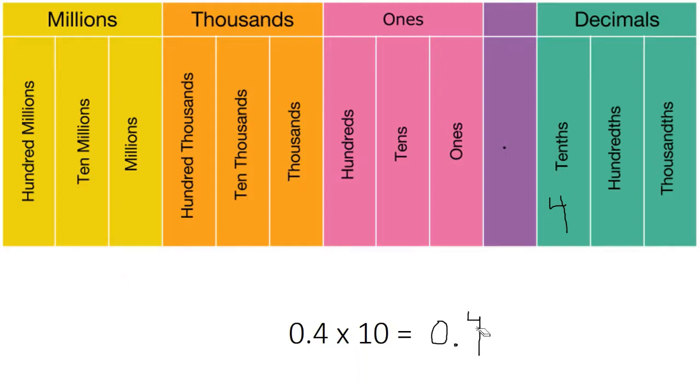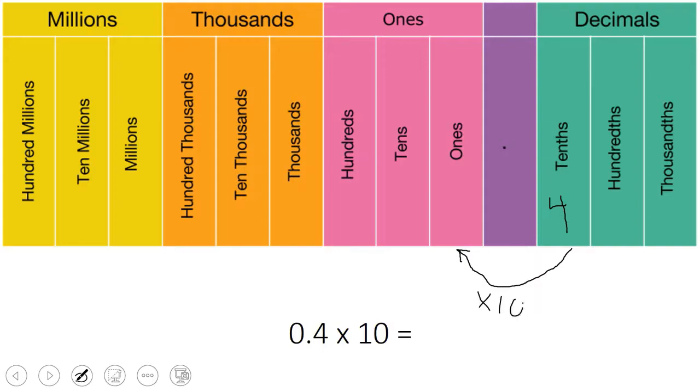And let's look at this with a place value chart instead. So looking at it with my place value chart, I see that my 4 is in the tenths place. To multiply it by 10, I want to move that 4 up one place in the place value chart. Because remember, anytime you move up one place on the place value chart, you're multiplying by 10.